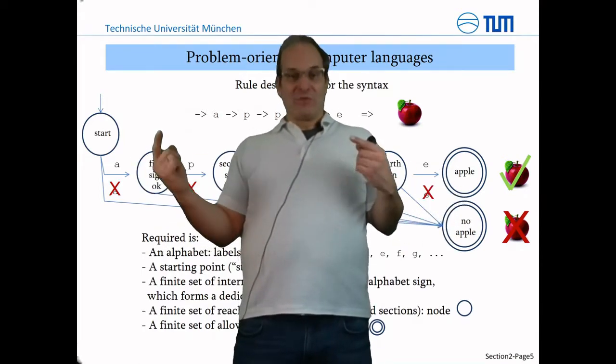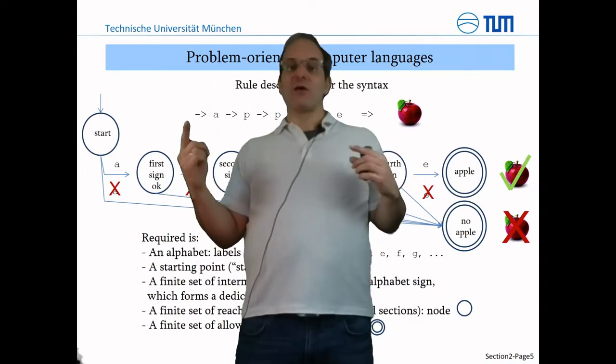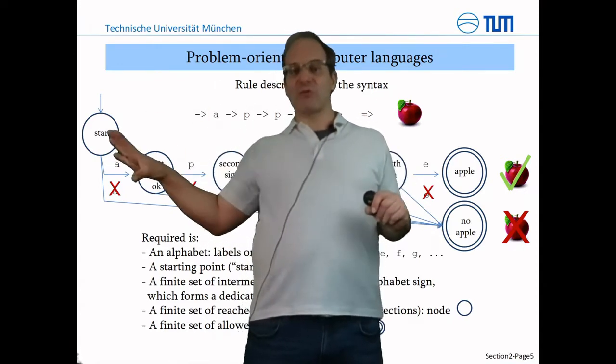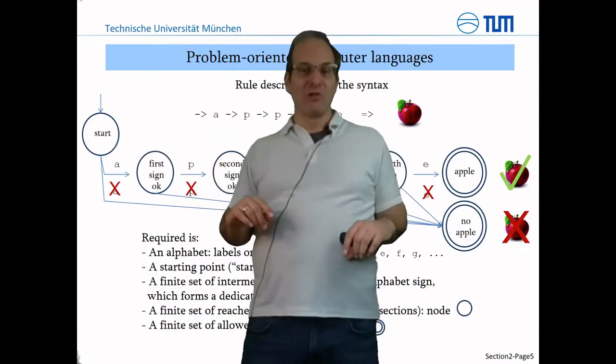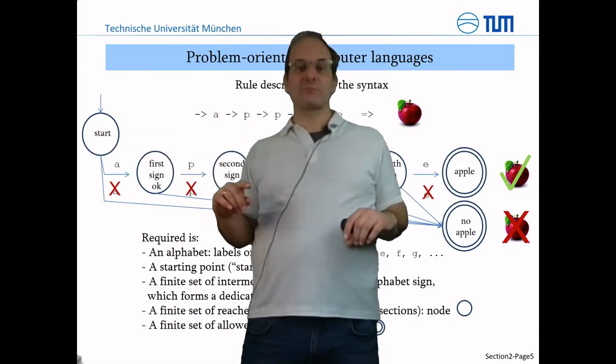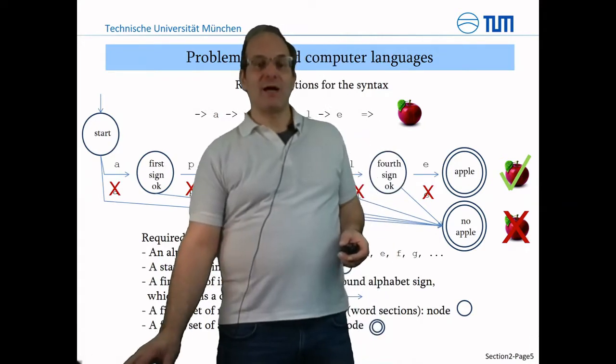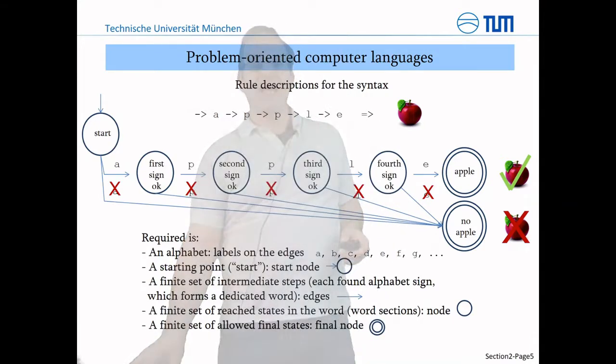So again, let's see what we need for the language, or for one special language, which is the simple word combination. It's written here. So we have an alphabet.